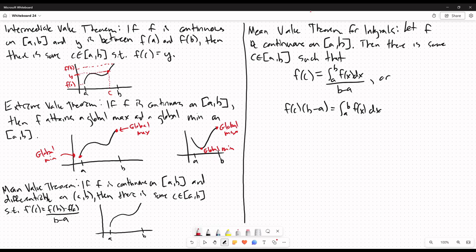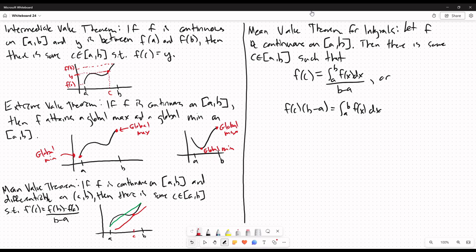What we're getting is we have some secant line between A and B, which will look something like this. And what we're saying is that there's some C, maybe here's a good candidate for that, between A and B, where the tangent line at C is parallel to the secant line from A to B. That's kind of our picture there.